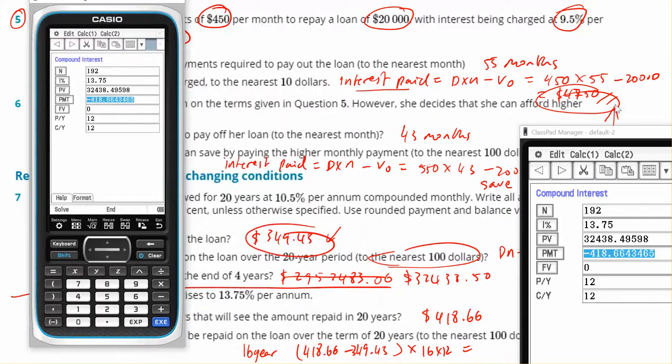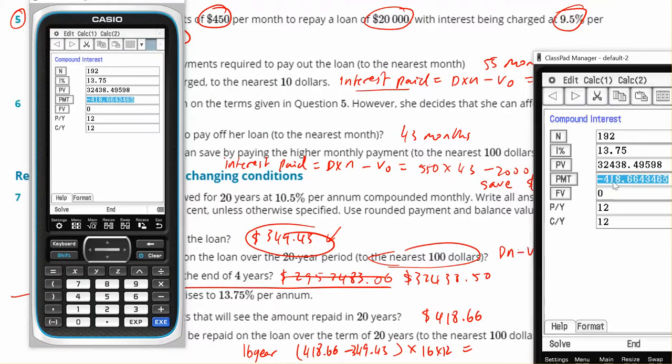Let's go on to the calculator. 349.43 minus, it should be the positive version of that answer, times 16 times 12, gives you 13293.